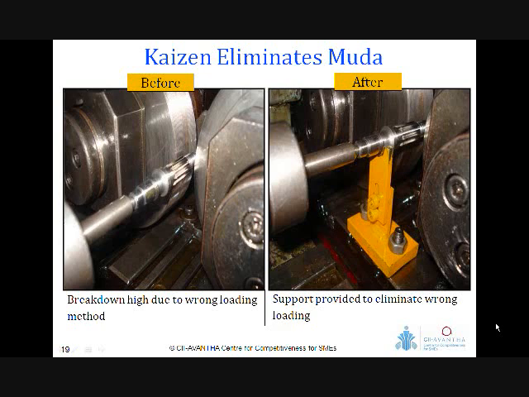A support is provided which will ensure proper loading, and thus breakdown reduces. Small Kaizen increases the availability of the machine, thus increases the production rate and machine efficiency.